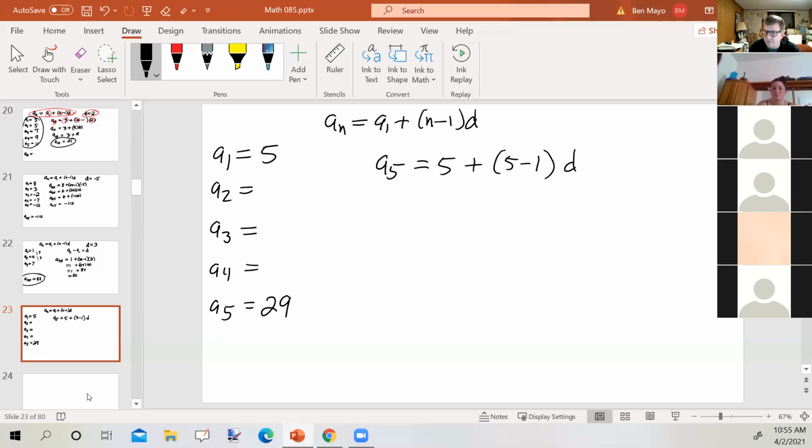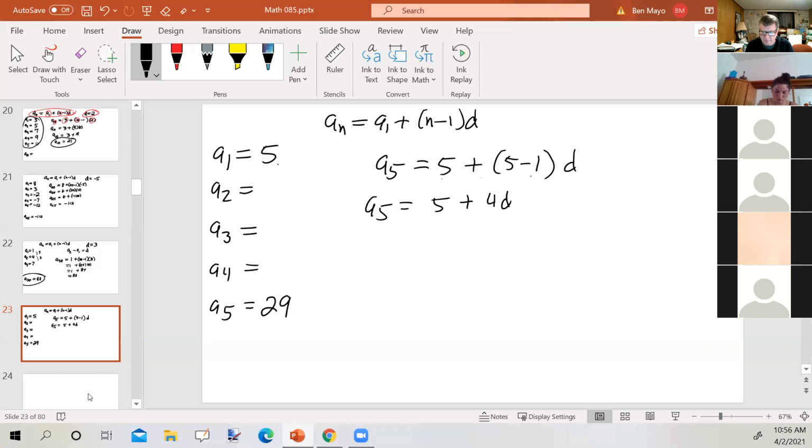Now, I know that a sub 5 is 29, we're going to get to that in a minute. But do you see that based on what I do know, I could say that a sub 5 is the first term plus n minus 1 times d. If I simplify that further, I'll get a sub 5 equals 5 plus 4d, because 5 minus 1 is 4, and 4 times d is 4d.